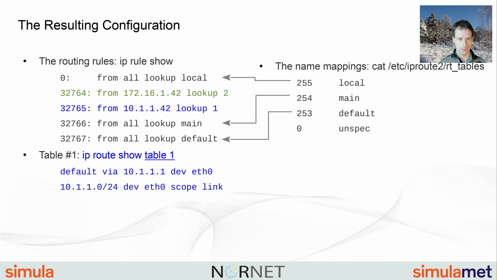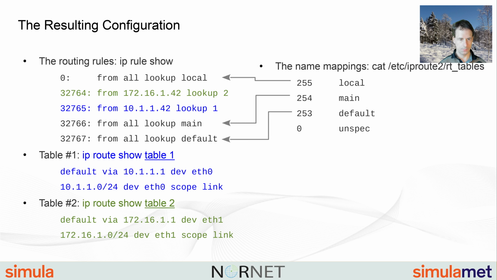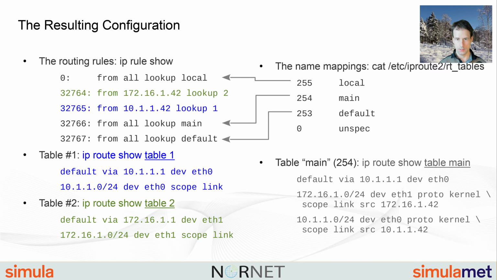Then we have table number 1 as I've said, with the default route and the link scope, and the same for table number 2 with the default route over the second ISP and again the link scope. So if the packet does not come from one of these two addresses of the Ethernet interfaces, then there is the main table with the default route over the first ISP and the link scope for the two Ethernet interfaces. So far so good.